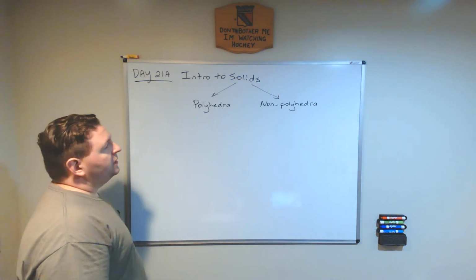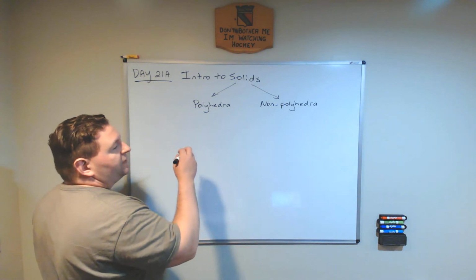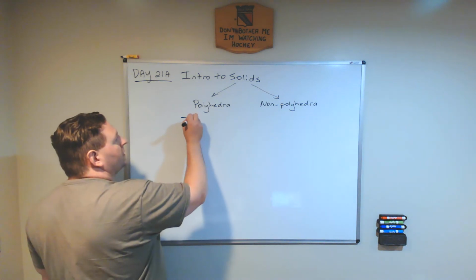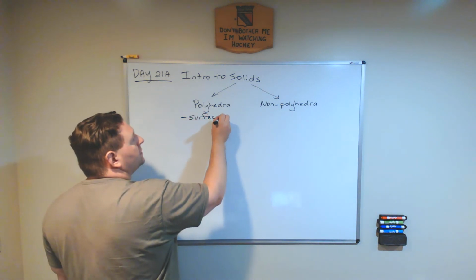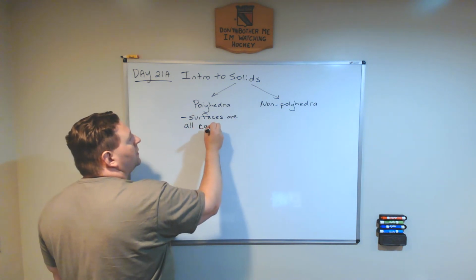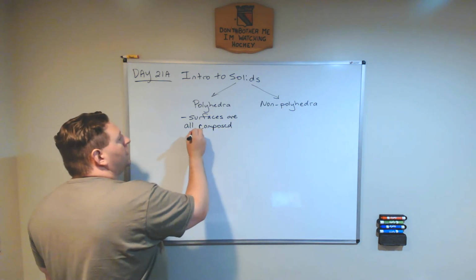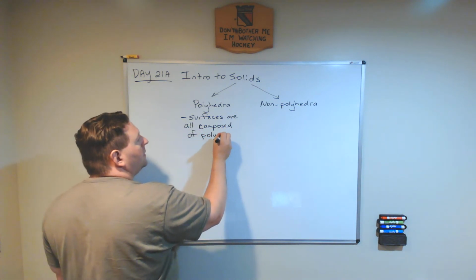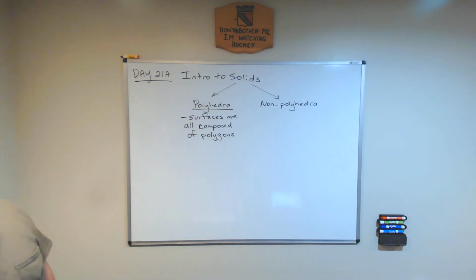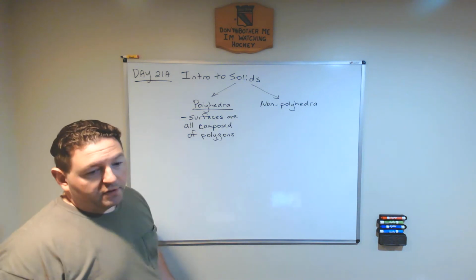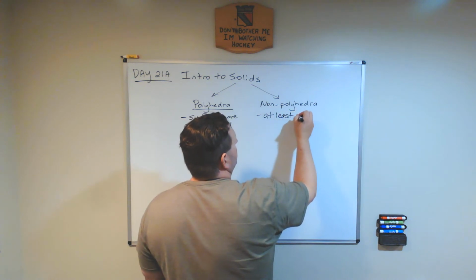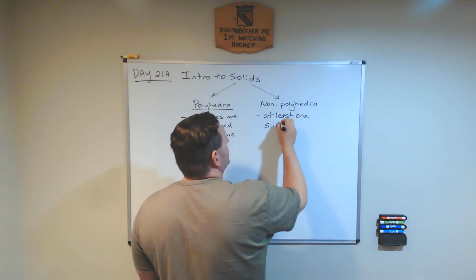Polyhedra have surfaces that are composed of polygons. Non-polyhedra is basically when you have curved surfaces, at least one surface that is curved.